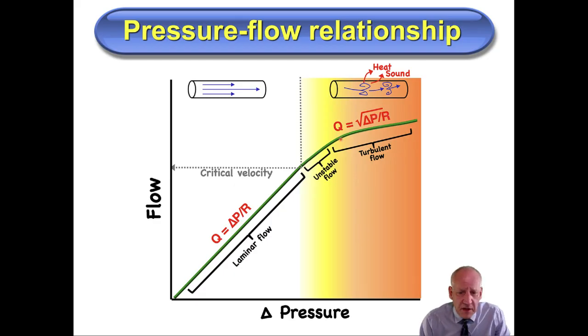Now, Reynolds methodically examined the various factors that cause laminar flow to take on turbulent character. In other words, the factors that determine the critical velocity threshold. And Reynolds expressed these factors in a value he egocentrically called Reynolds number, or RE. And we can think of Reynolds number as the tendency to take on turbulent character.